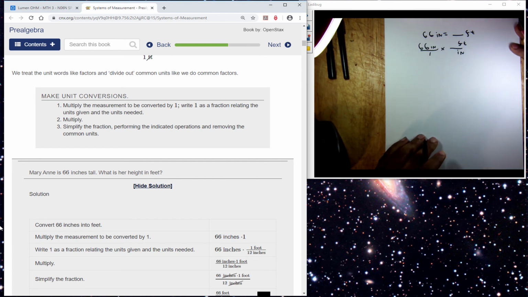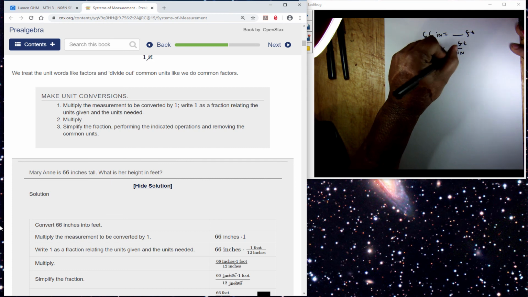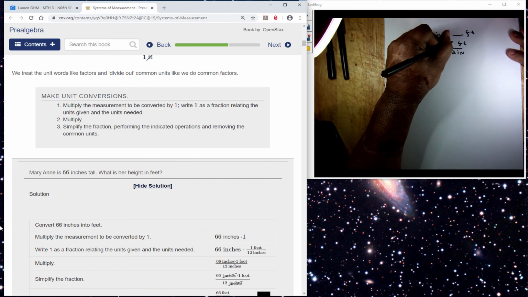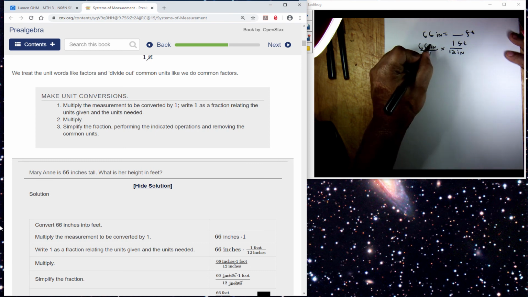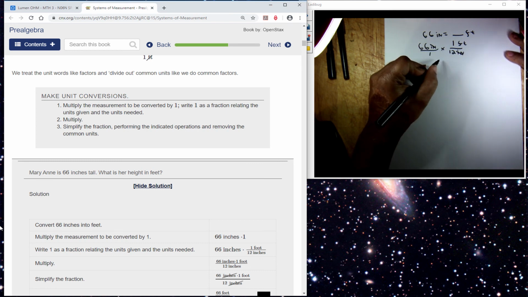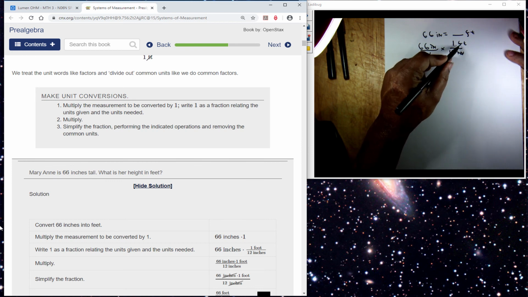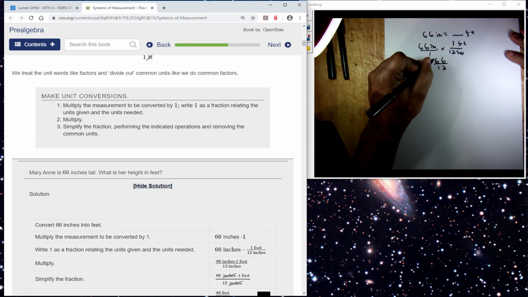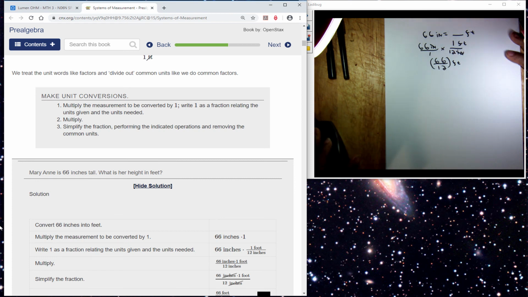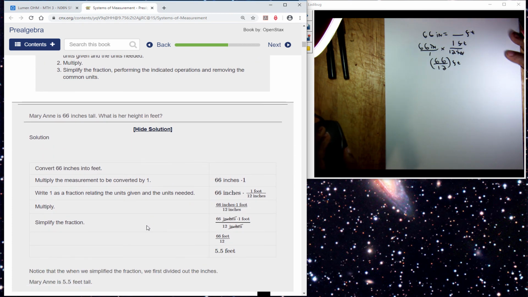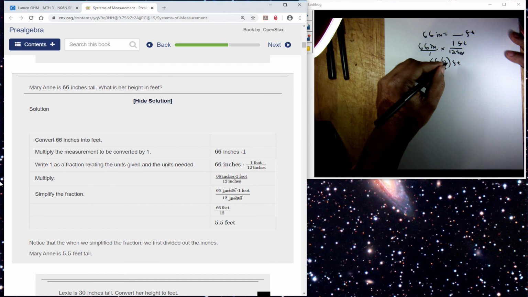Then we think about the relationship between inches and feet. Well, we know that 12 inches is 1 foot. Now, when I multiply, inches cancel out, and I'm left with 66 over 12. The only unit that's left is feet. So then we do the math on that and divide it out. We end up with 5.5 feet.